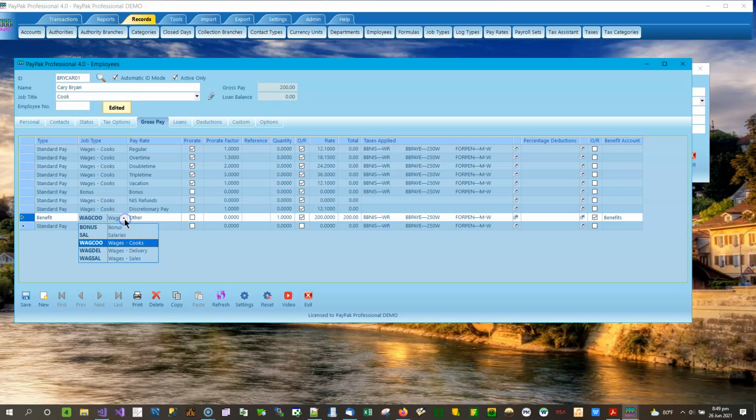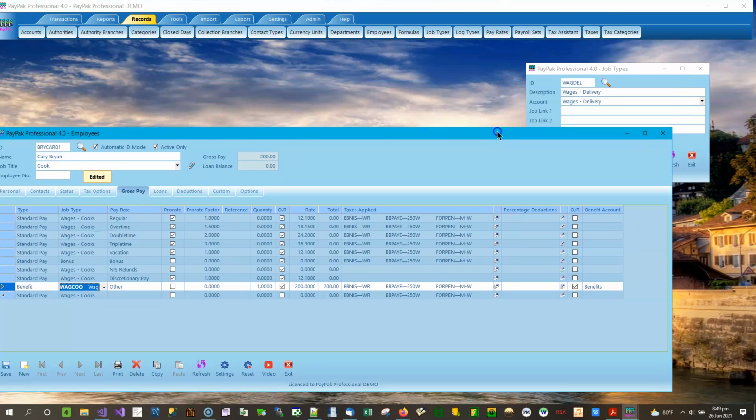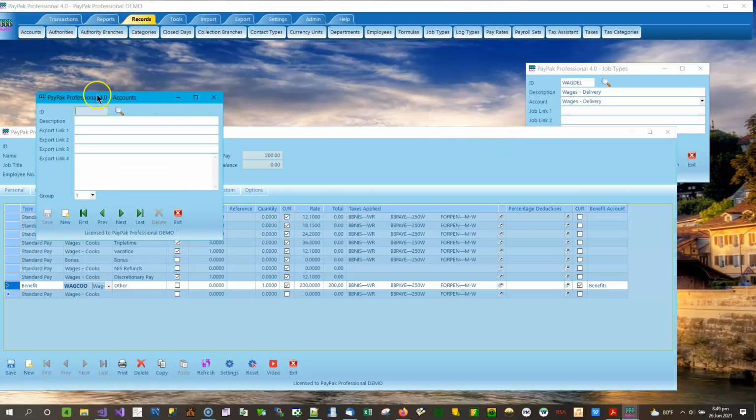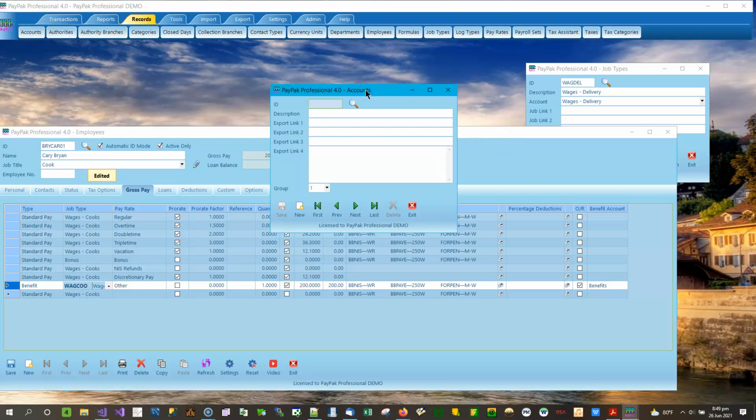I don't know if we call it a bonus. We could call it, let's say it was a rent. To make it more realistic, let's go to records, accounts, and let's say staff accommodation. All right, so the company's paying staff accommodation for this particular cook.